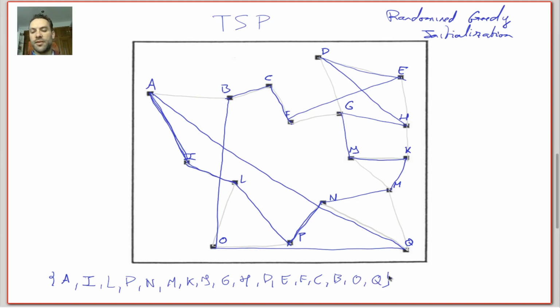Well, after this construction phase, we would apply local search with the hope of obtaining a better solution. In this case, the local search applies exactly the same as before, as in the case of greedy and local search. So some edges are removed, others are introduced, and we are always accepting improvements.